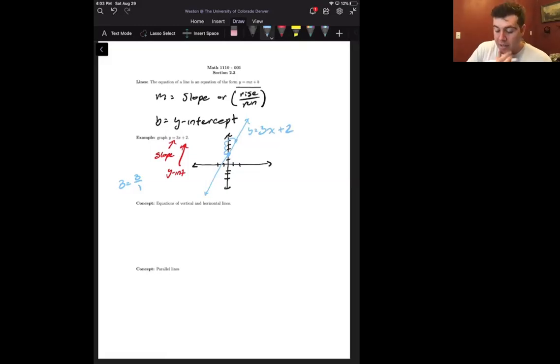We can also have equations of vertical and horizontal lines. We'll start with a graph for these, so we'll make our graph axis. We'll draw a nice blue horizontal line. That was a disaster.